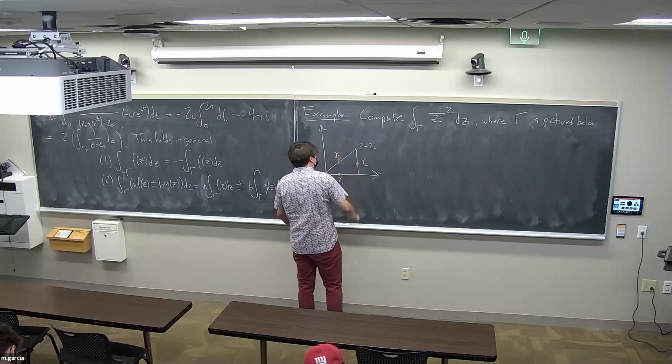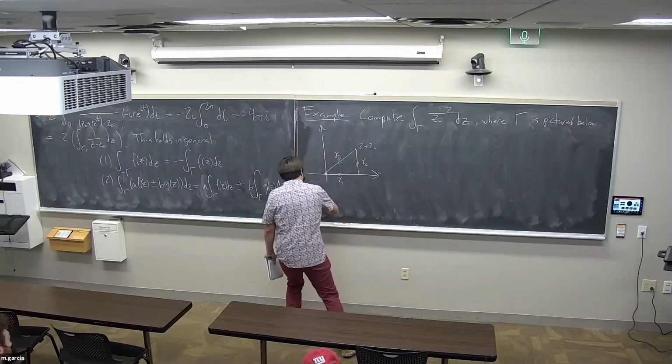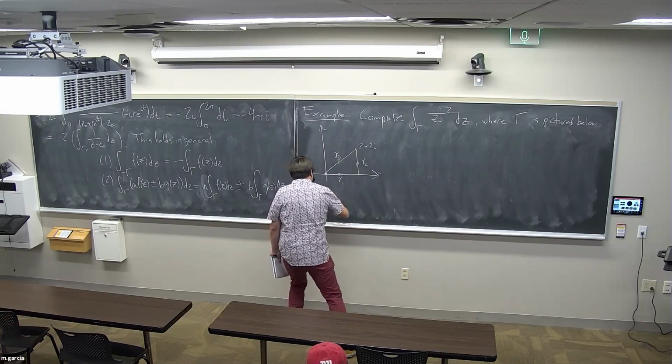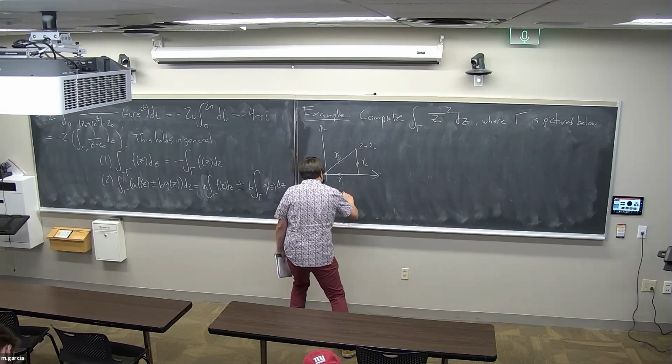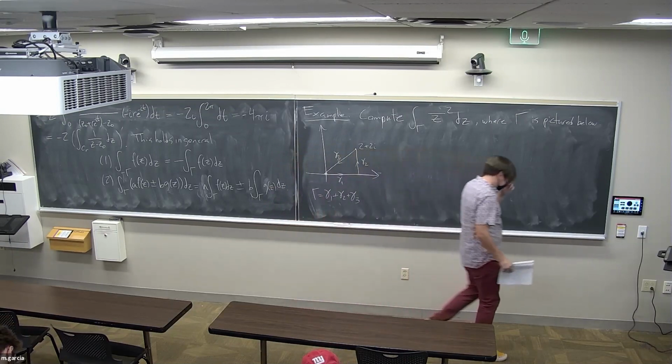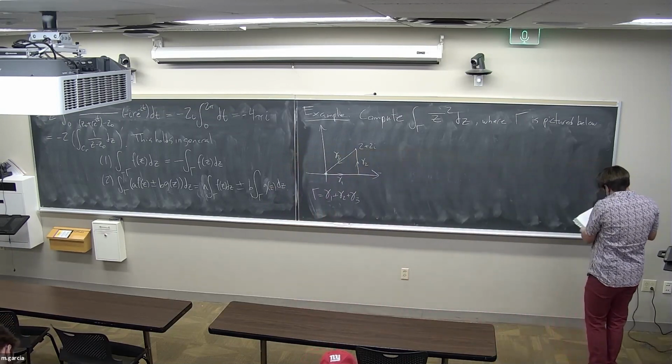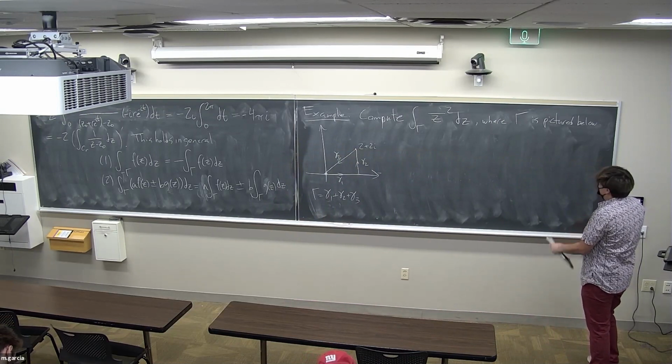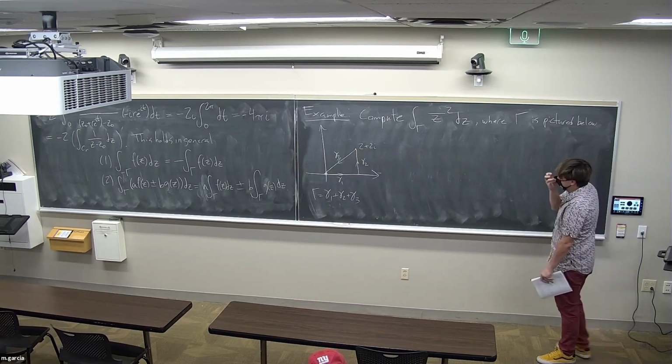And we'll say gamma is equal to gamma 1 plus gamma 2 plus gamma 3. Okay?